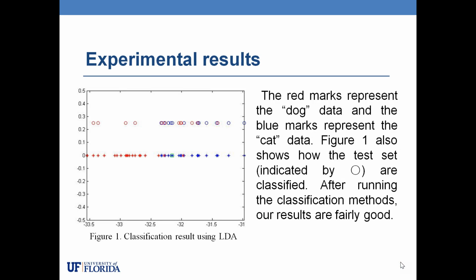This is the experimental results of my project. The red marks represent the dog data and the blue marks represent the cat data. Figure 1 also shows how the test set is classified. After running the classification methods, our results are fairly good.